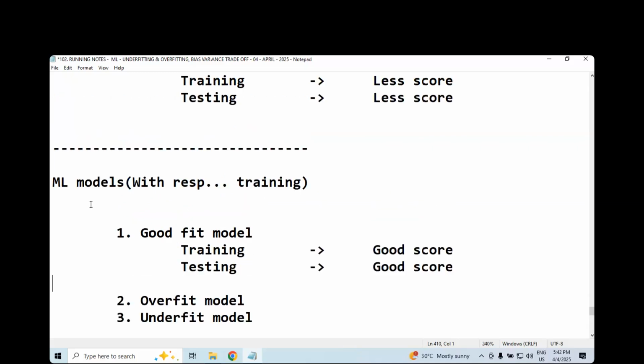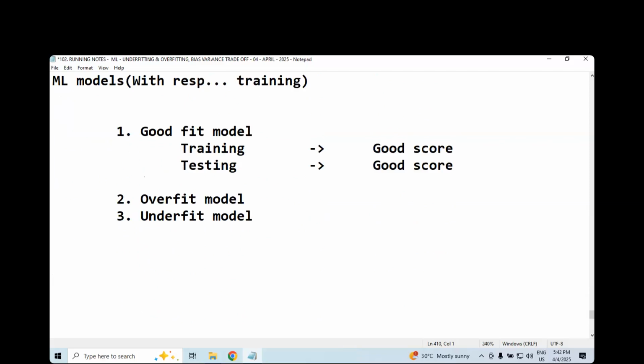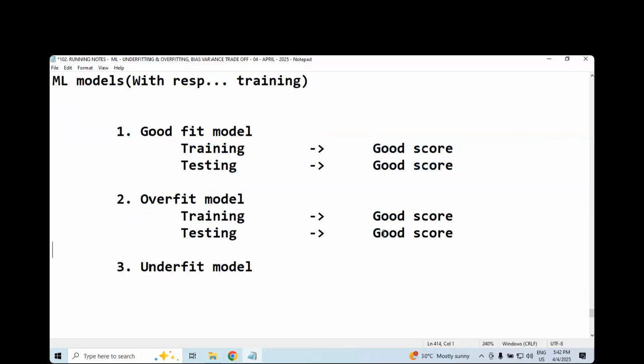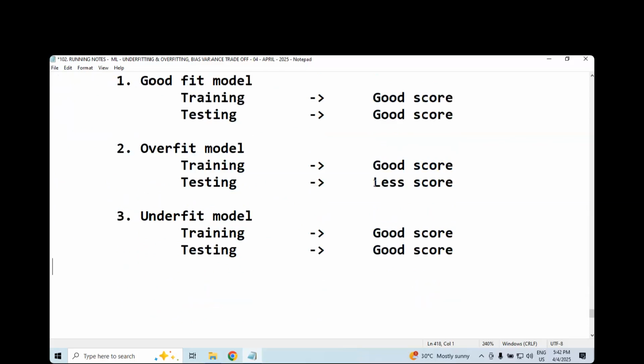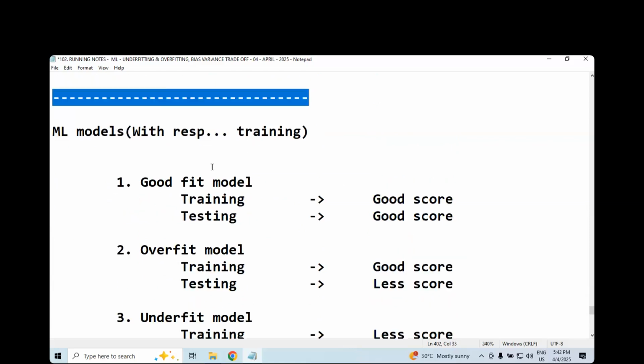I hope you already know this. We already covered this. Ensure that this one is good and good, and the underfit one has less score and less score. Am I clear, I guess? Yesterday also I covered all these things.